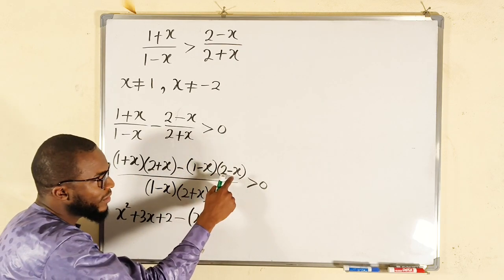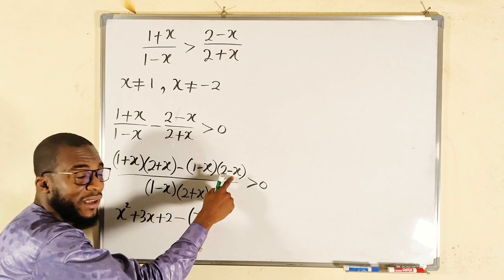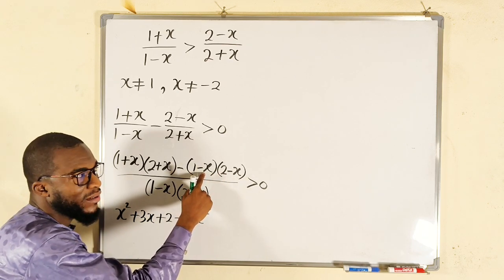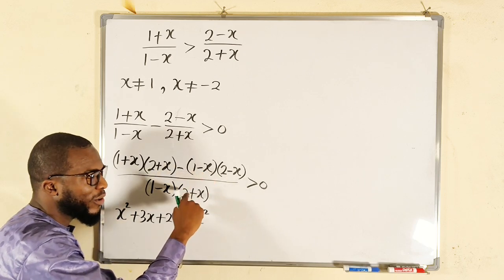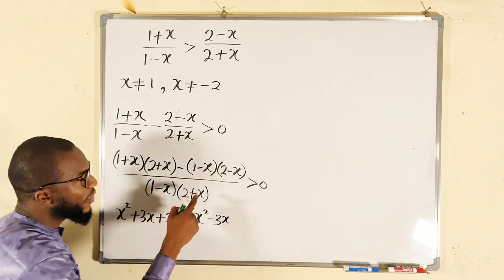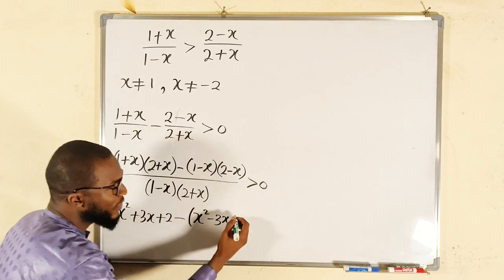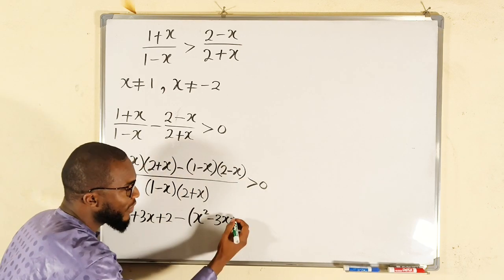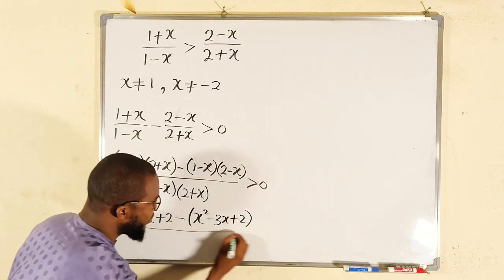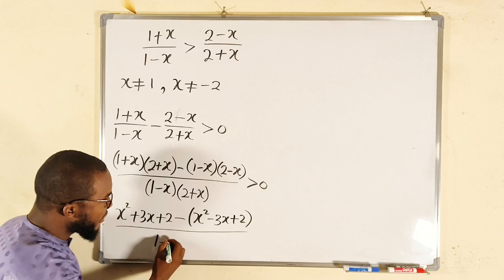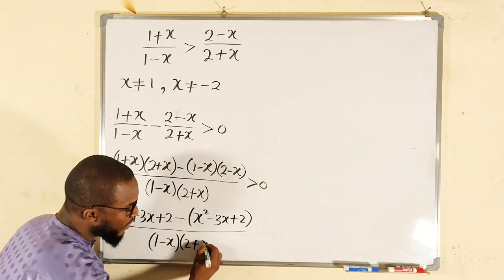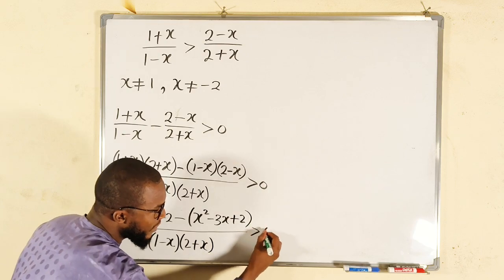We have 1 times negative x, that will give us negative x. Then 2 times negative x, that is negative 2x. If you join the two together, you have negative 3x. Then the constant 1 times 2, sorry, is 2. The whole of this should be divided by (1 - x) multiplied by (2 + x). This will remain greater than 0.